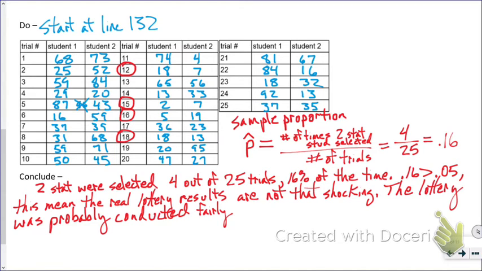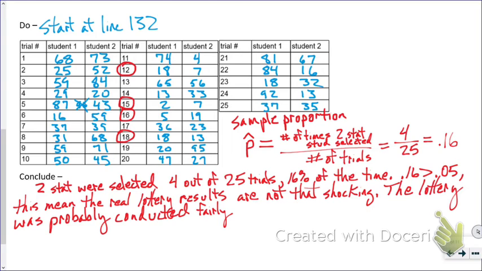So the places where I circled, those are the events in question. Because remember back at the very beginning, we were concerned about 2 stat students being selected. So that's what I circled. And that's why I did 4 divided by 25, because it happened 4 times out of my 25 tries.